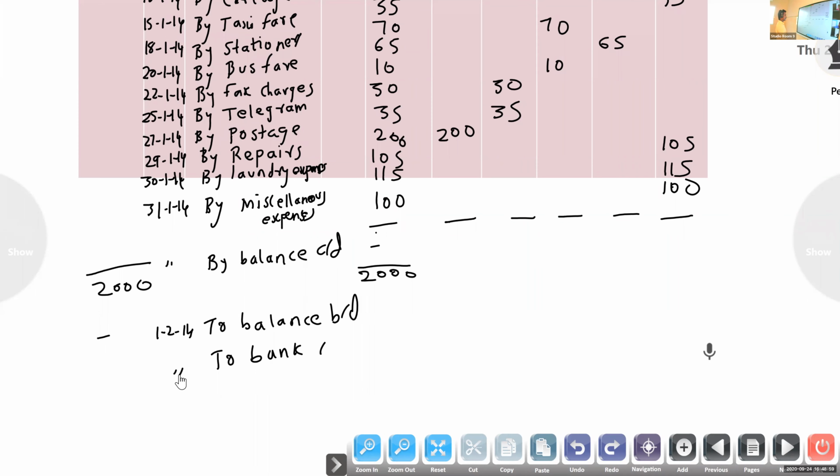Okay, first we will write the total of each column, then down balance CD. Then on both sides the imprest amount. The debit side total will be more, so we have to write balance CD again. Then the remaining amount, the imprest amount should be 2000, that we have to adjust.